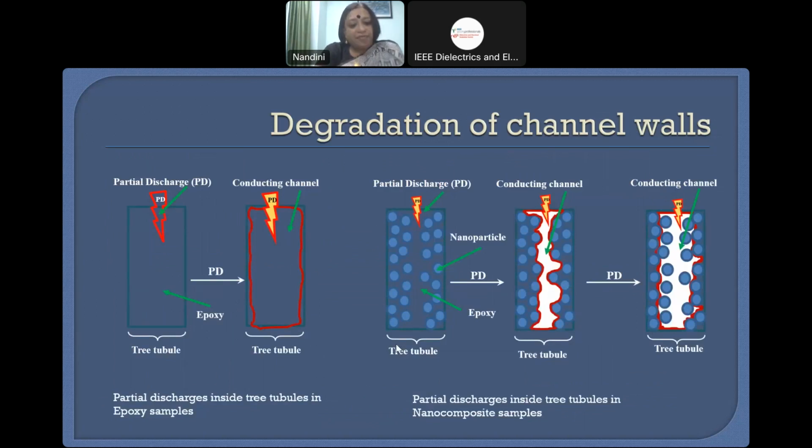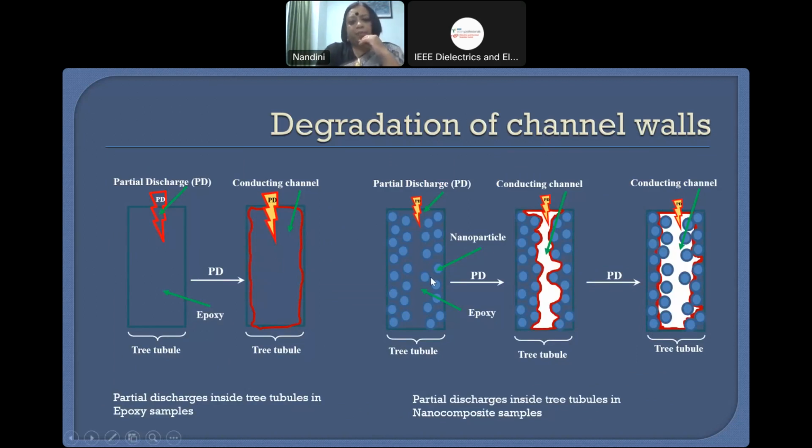Now, again, we put forward a hypothesis that something very similar to the first surface degradation case must be happening inside the channels. So let's say you have a tree tubule, a partial discharge takes place within the tree tubule. As a result, the tree walls get degraded, get eroded, and the tree channel widens.